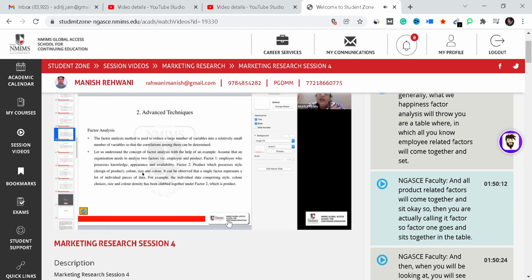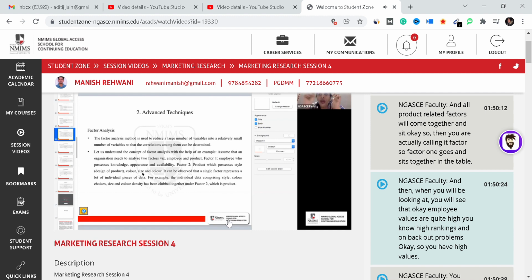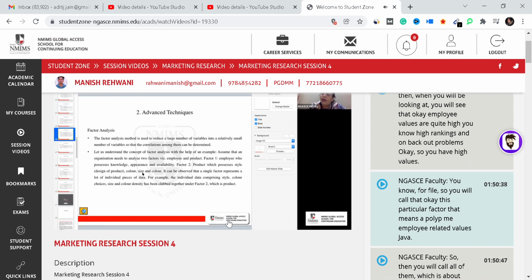So factor 1 goes and sits together in the table, and when you look at it, you will see that the employee values have got high values, along with the Cronbach alpha. So you will call that this particular factor, that means in one column the employee related values are higher.